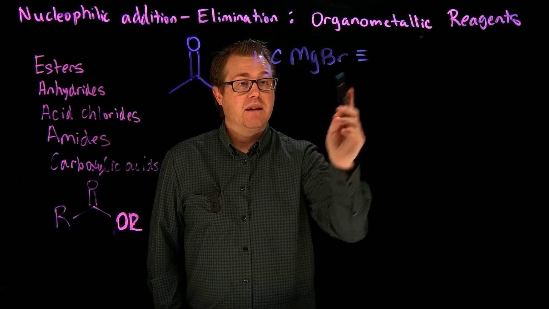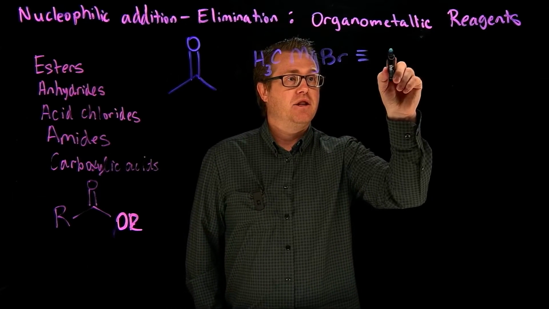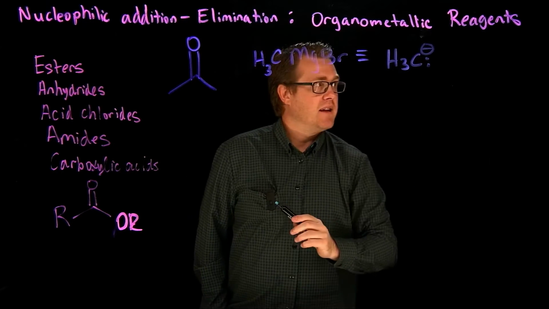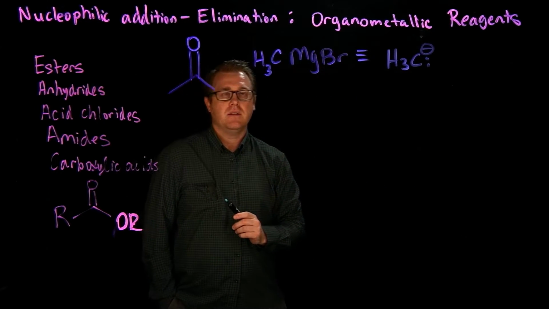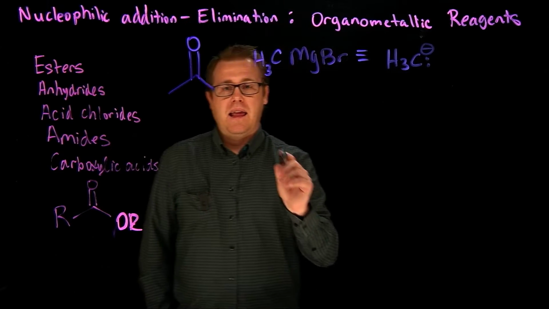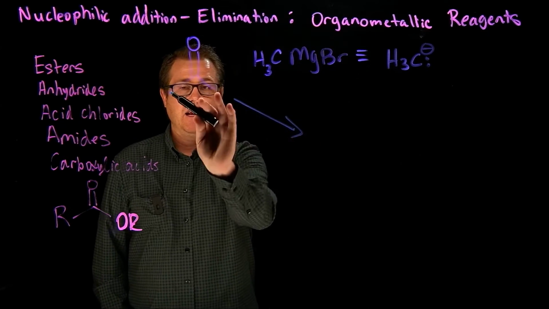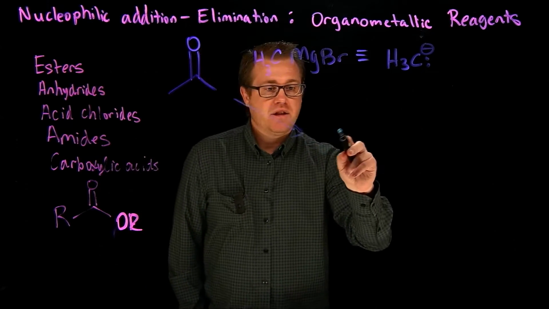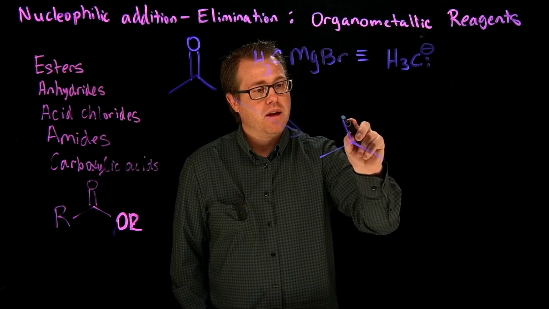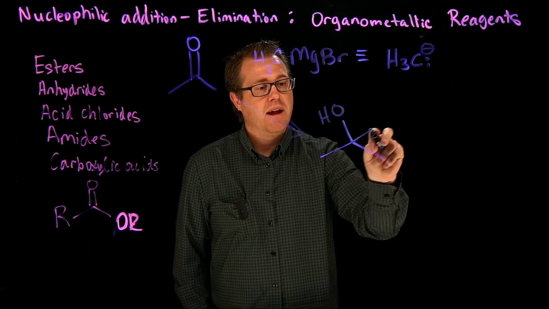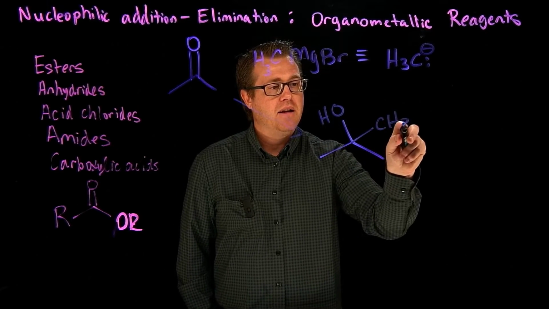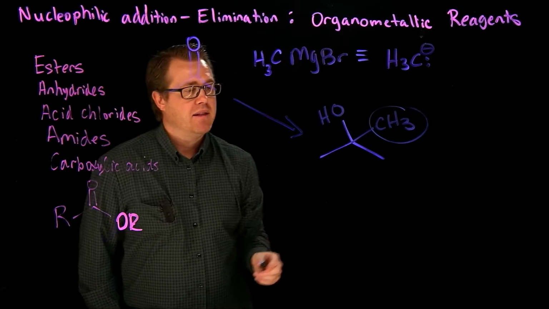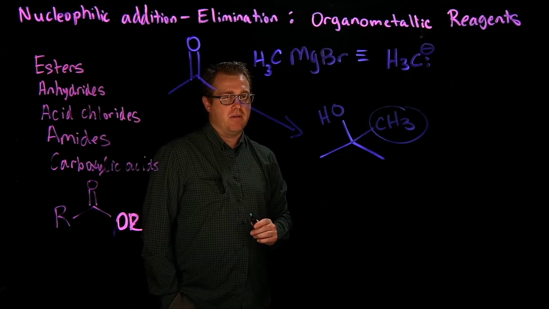We can translate a Grignard reagent simply into this negatively charged species. So what is the product when we take a ketone or an aldehyde and treat it with a Grignard reagent? Eventually, we get to this. We generate an alcohol. We added our CH3, coming from the Grignard, and we make an alcohol.